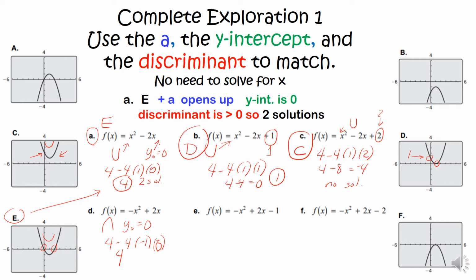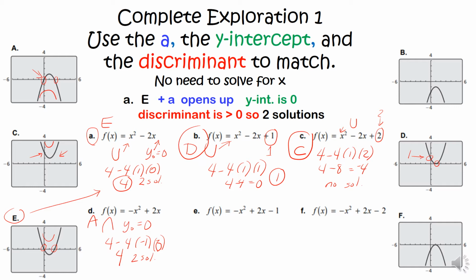That would be 2 solutions. So we're looking for a sad face graph. Look at A, that was A actually, and it's 2 solutions. It's a sad face graph, and the y-intercept is 0. So there we go, I did get A.